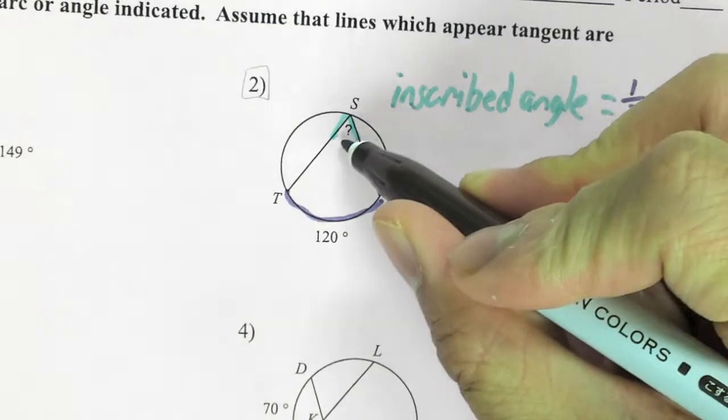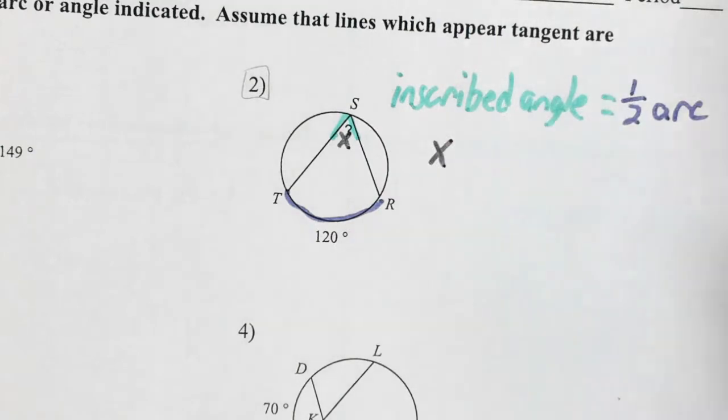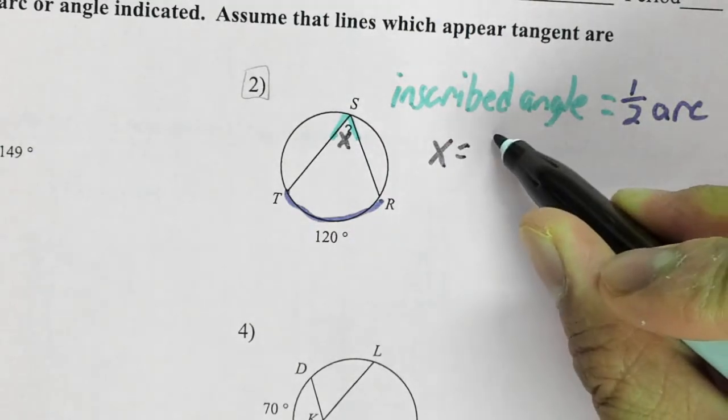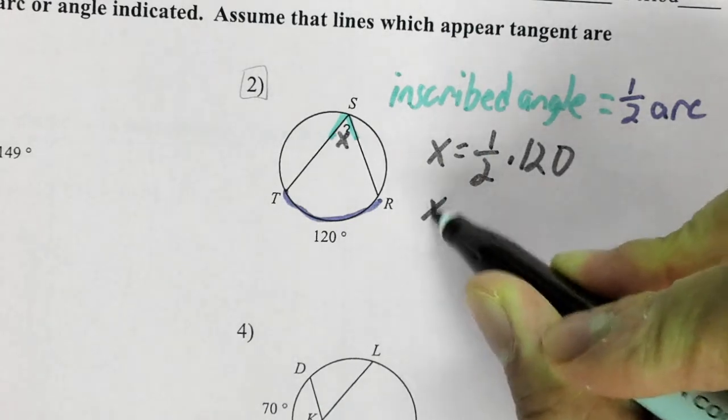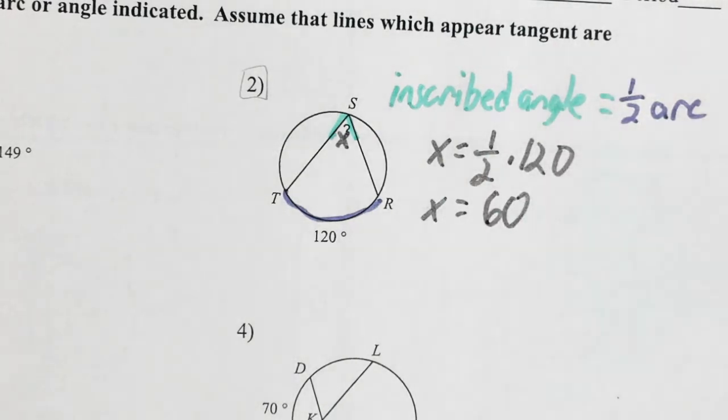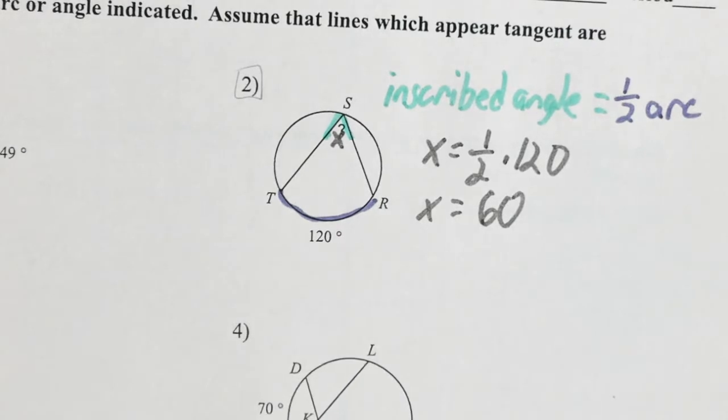So let's call this angle x. My inscribed angle x equals 1/2 of 120, which is 60. So this is a recap because we are solving for angles and arcs of a circle. So inscribed angles and central angles, we still need to remember them.